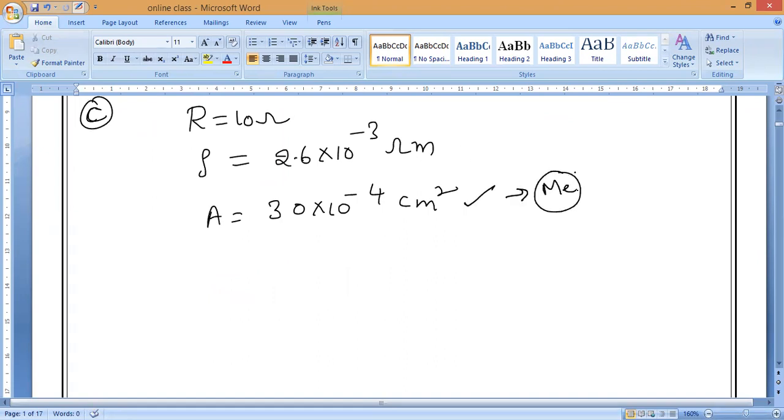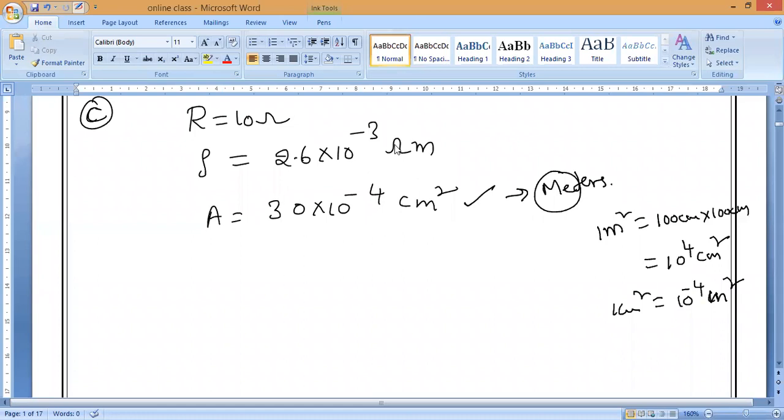We have to convert it. So 1 square meter is equal to 100 centimeter into 100 centimeter, that is 10 power 4 square centimeter. Now 1 square centimeter equals 10 power minus 4 square meters. Is it clear? Any doubt, you can ask me.